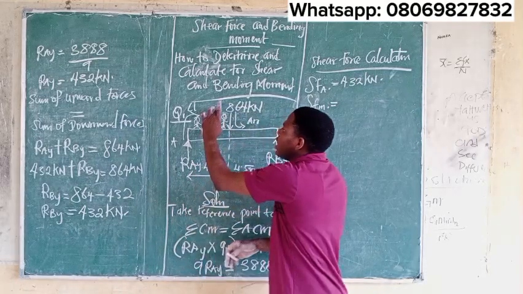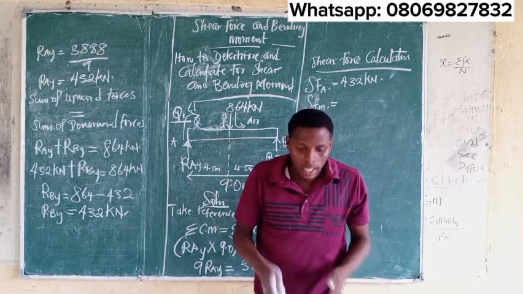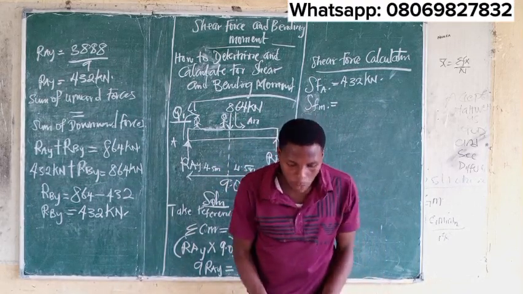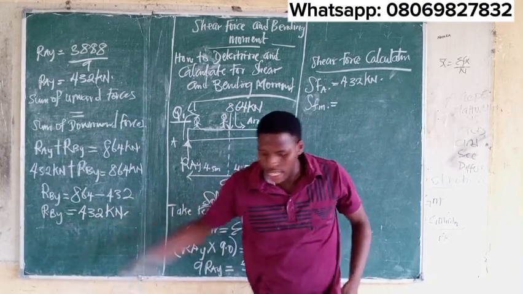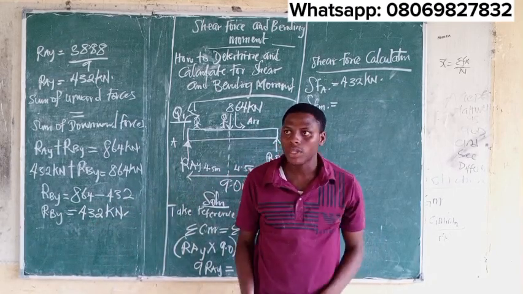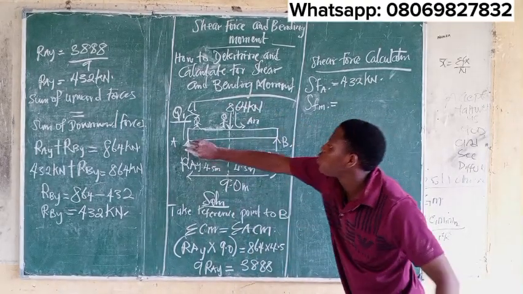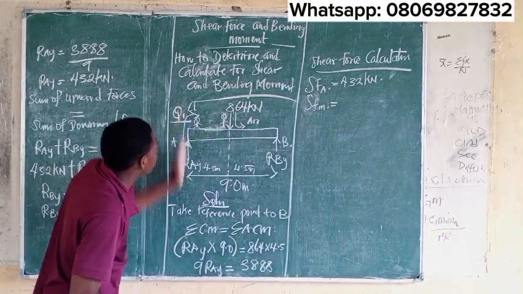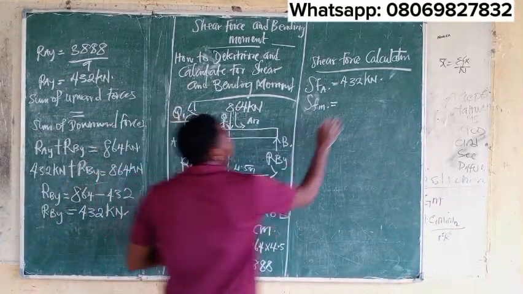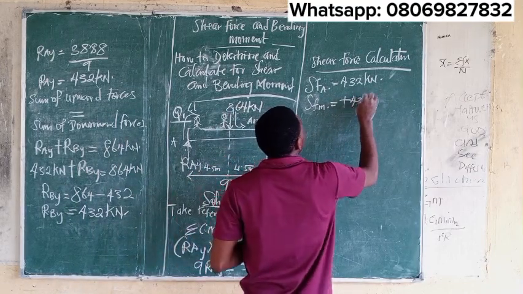Now, to get the shear force for the midpoint, you are standing at the midpoint. Look at the forces you are seeing here. What is the force you are seeing at that point? It is simply this force, which is a positive force, so you have plus 432.